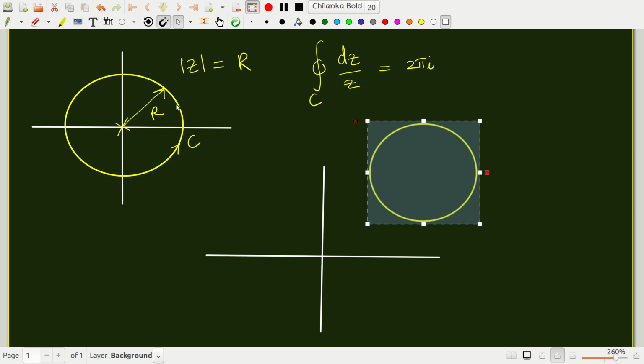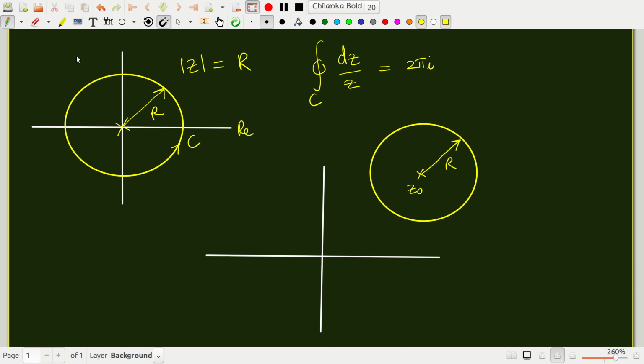Previously the circle of radius r was centered around the origin. Now let's say that the circle is centered around a point z0, and again the radius of the circle is r. That remains the same as before. The only thing I've done is to move this circle.